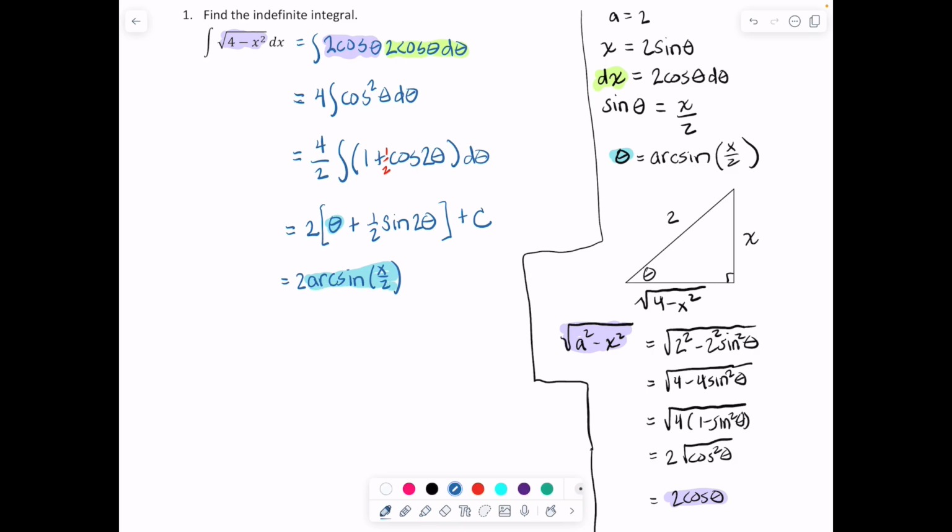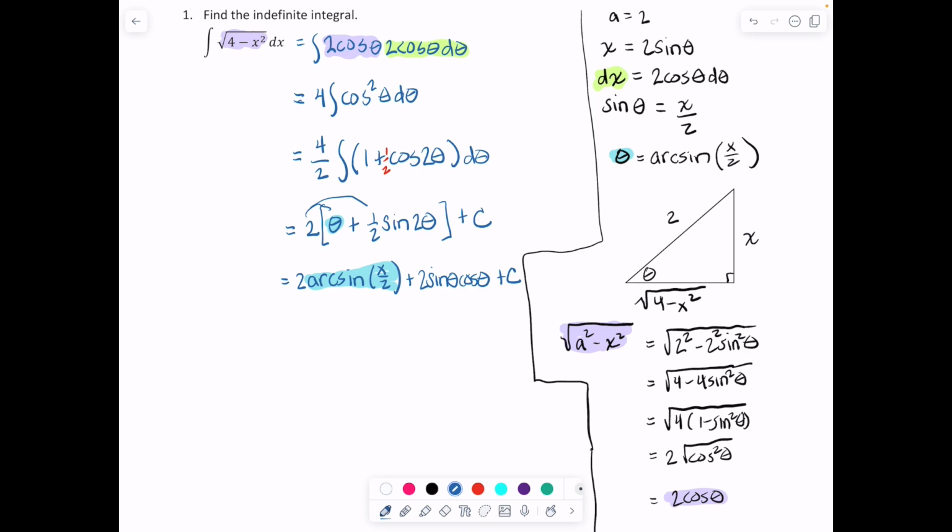And then 2 times 1/2 is just 1. All right, so I distributed the 2 to both. And then sine of 2 theta is 2 times sine theta times cosine theta, and we still have our constant of integration going on for us.